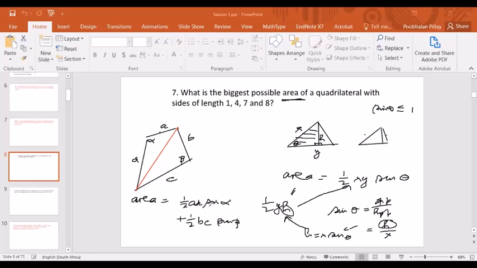And I told you that you're looking for the largest possible area. So A and D, they are numbers 1, 4, 7, and 8. They're all given, but I don't know where they are sitting, and we don't know about angles alpha and beta. But we do know that the largest possible value for sine alpha is 1, and that happens when the angle is 90 degrees.